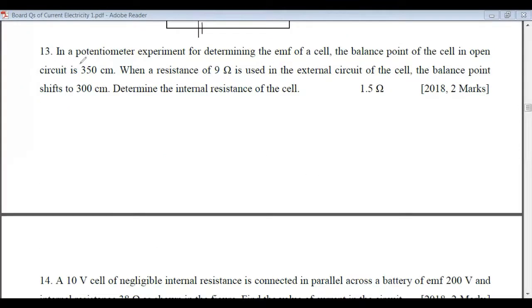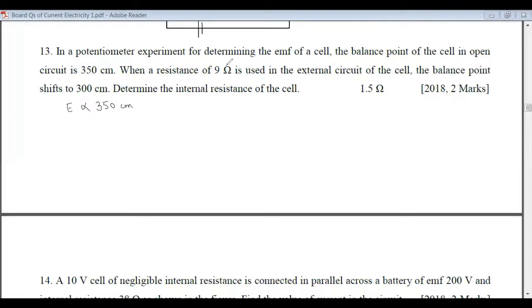Question number 13 is, in a potentiometer experiment for determining the EMF of a cell, the balance point of the cell in the open circuit is 350 centimeters. So EMF is directly proportional to the balancing length, that is E is directly proportional to 350 centimeter. When a resistance of 9 ohm is used in the external circuit, the balance point shifts to 300 centimeter.